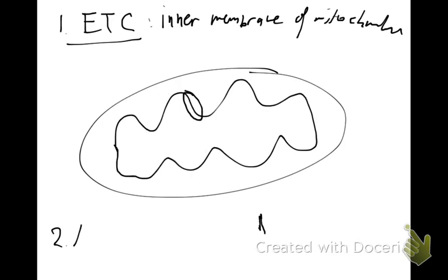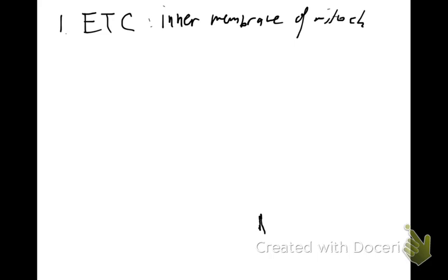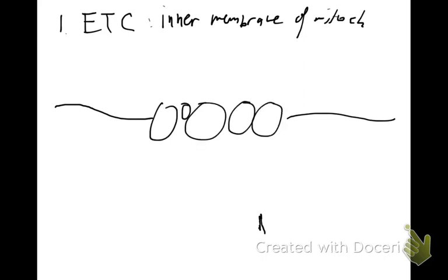So with that said, the inner membrane of the mitochondria is going to feature a series of proteins. This is my inner membrane right now. It's going to feature a series of protein complexes that are going to take in the electrons from the NADH and FADH2s.